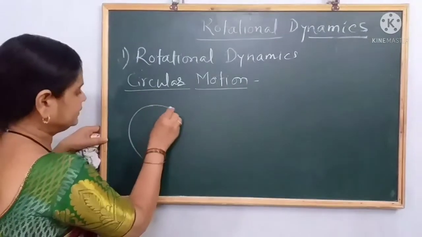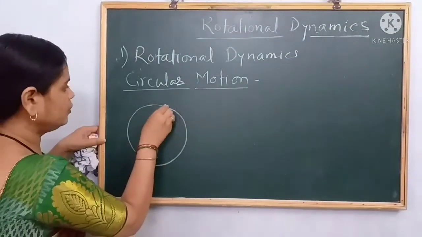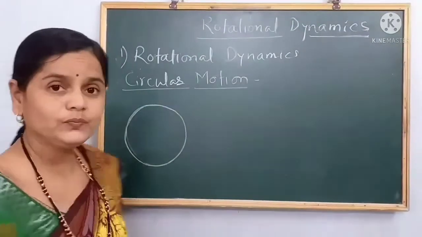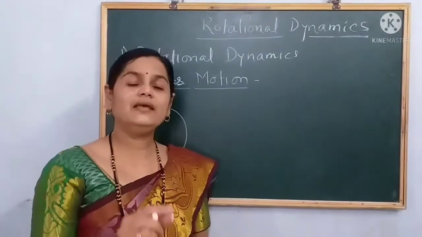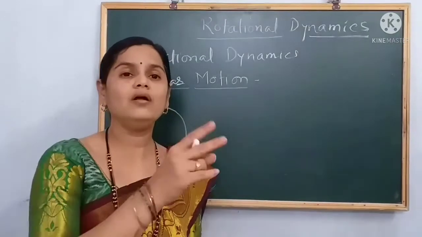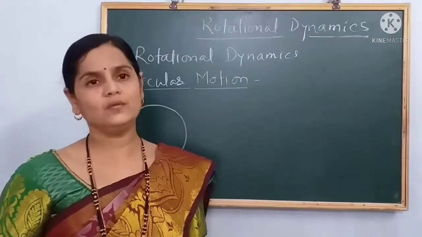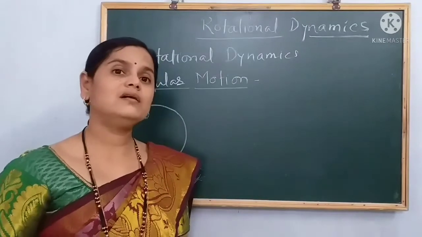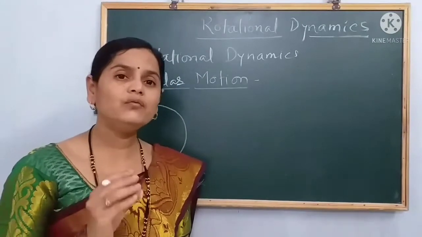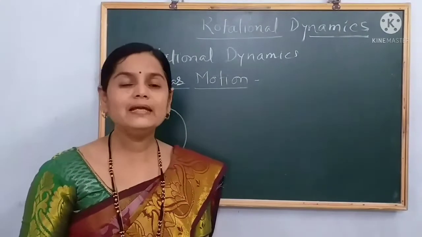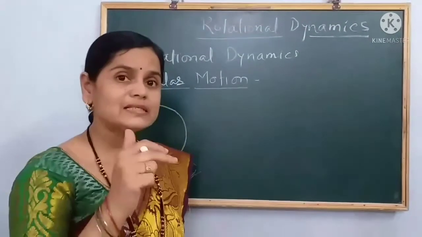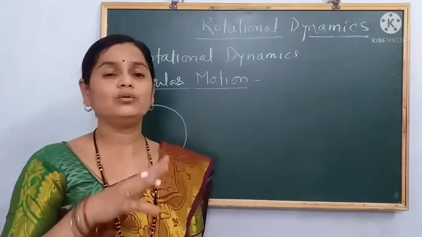During rotation or revolution, what is the difference between these two? Whenever we say the word revolution, it means the object is revolving around some other object. Each and every particle is revolving around another object, whereas when we use the word rotation, it means the object is revolving about a fixed axis through the body.